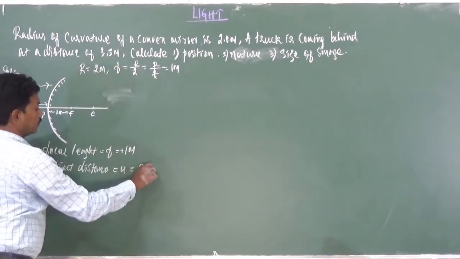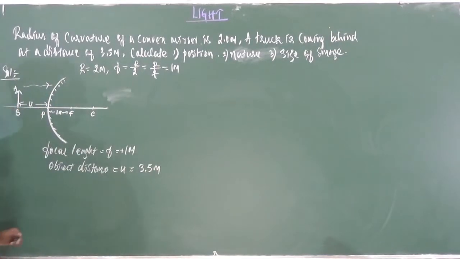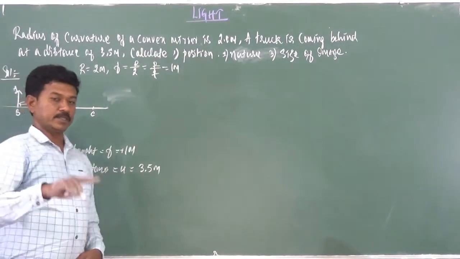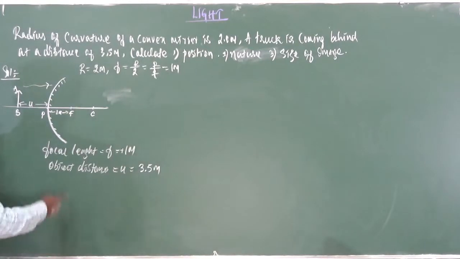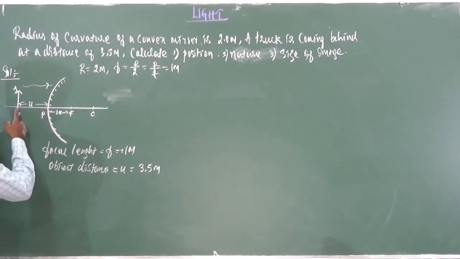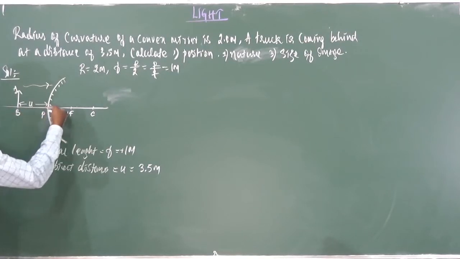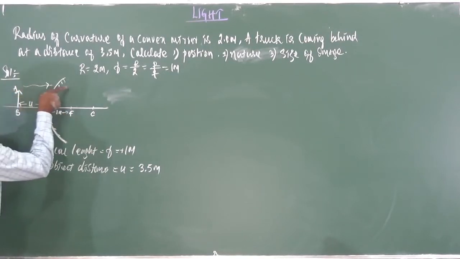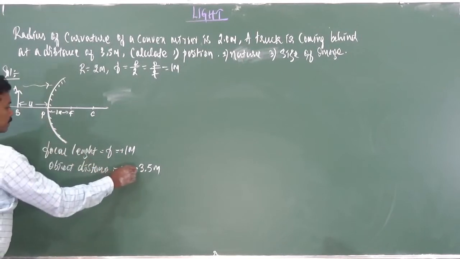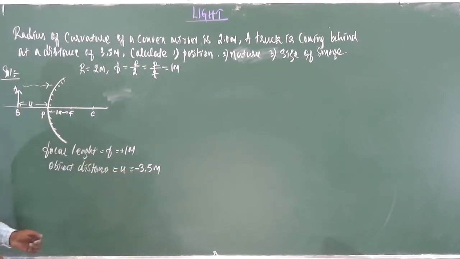Now by sign convention we have to decide whether it is positive or negative. Here we are measuring the object distance from the pole of the mirror in this direction, but the light rays are in this direction, therefore U will be negative.